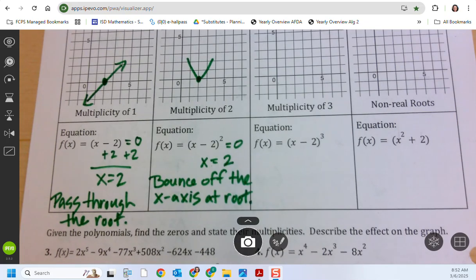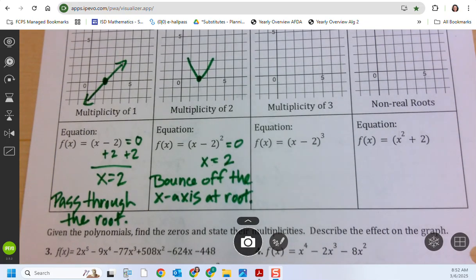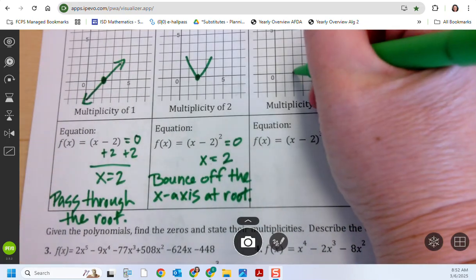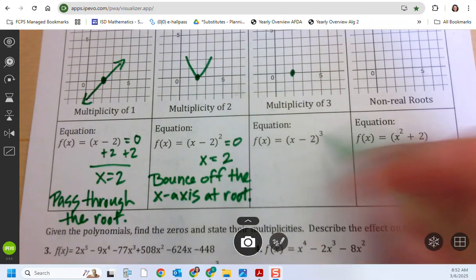All right, think about what a multiplicity of 3 does. Think about your cubic graph, right? y equals x cubed. Remember that one? It kind of goes up towards the 0, the origin, and then it has that little wiggle, and then it goes back up again. That's the behavior when you have a 0 that is to the 3rd power.